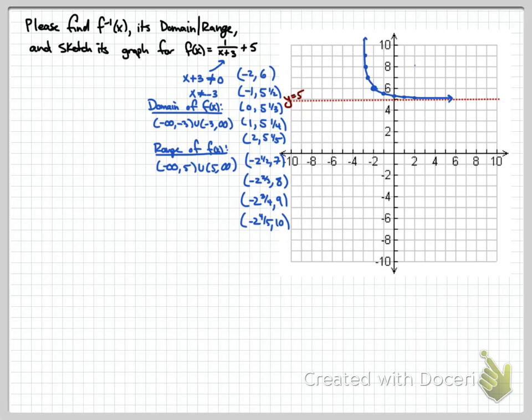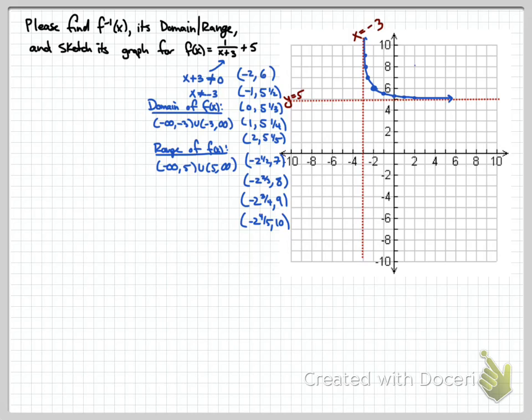We've got ourselves a vertical asymptote. And note that this vertical asymptote at x equals -3 and the horizontal asymptote at y equals 5 is intimately related to the fact that our domain is all inputs that are not -3, and our outputs are all numbers that are not equal to 5.